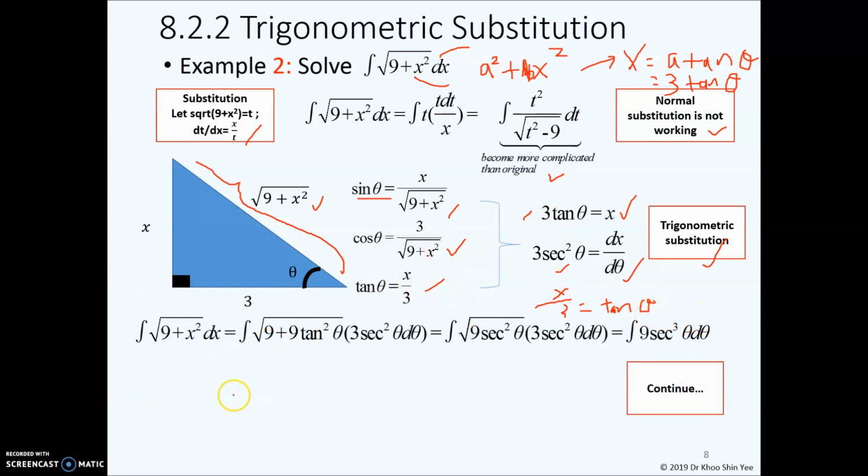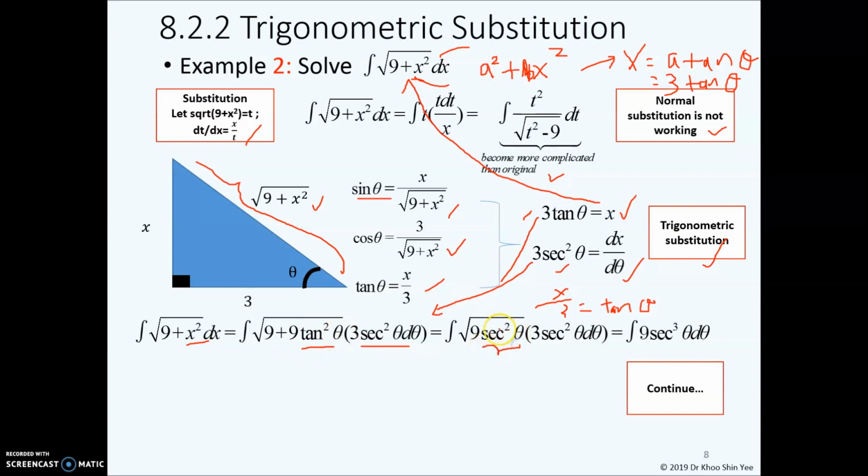So we continue. We can substitute this inside the original function. You should get x squared to be 3 tangent squared angle, so your dx will be 3 secant angle d angle. From here you substitute. After that, 1 plus tangent squared angle is equal to secant squared angle.